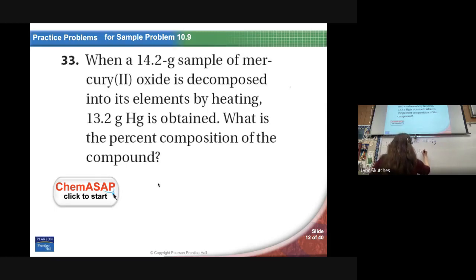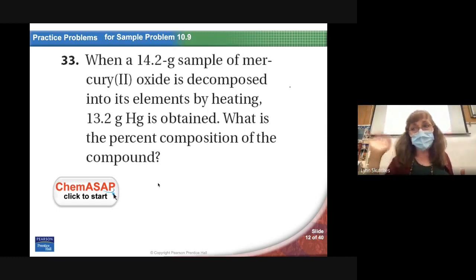We know that the mercury is 13.2 of those grams. What's the oxygen's? 1. Okay, so this is the total, and each element contributes to that total. So go ahead and work those percents. Talk to your neighbors if you need to. Raise your hand if you need help.